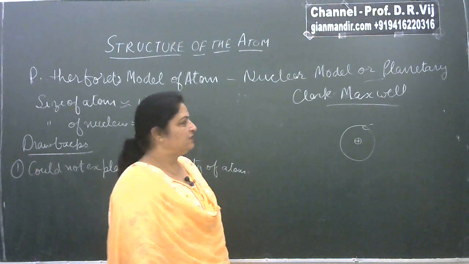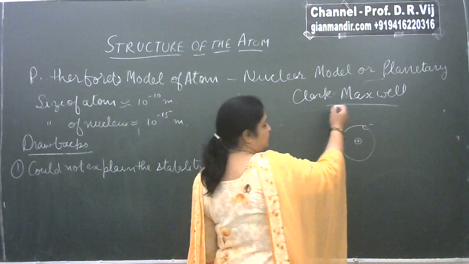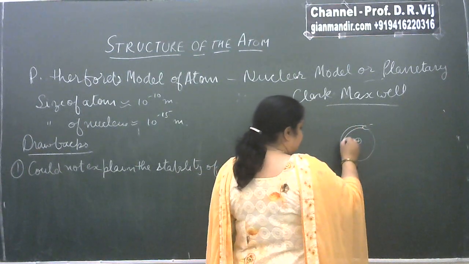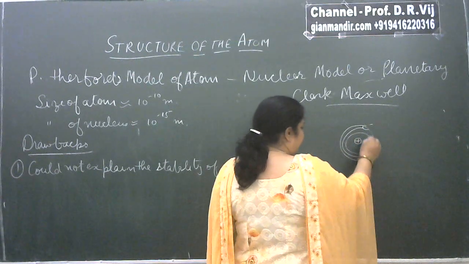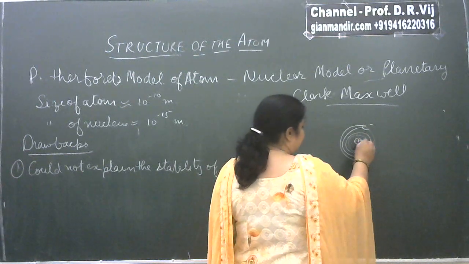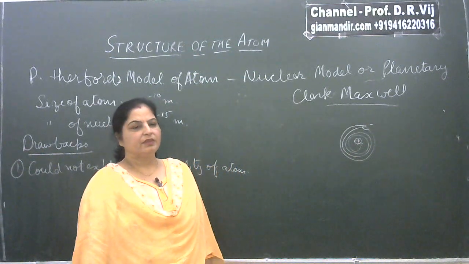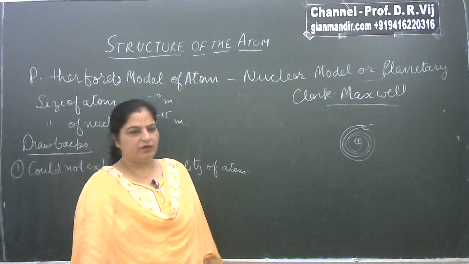That's why their motion is an accelerated motion. And according to Maxwell's theory, this charged particle, the electron, because of its accelerated motion, will keep on losing its energy, and very soon a time will come when the electron will drop inside the nucleus. It will lose all its energy and drop inside the nucleus.